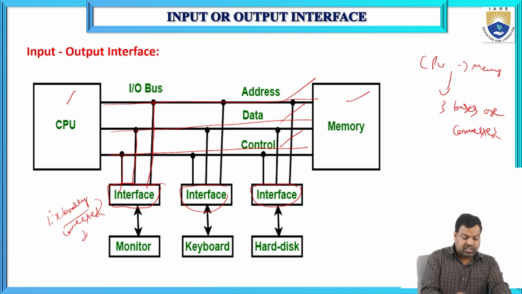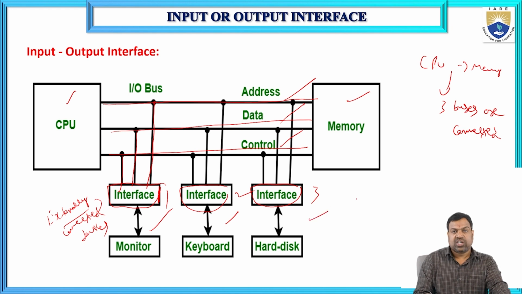So how many externally connected devices are there? Interface 1, interface 2 and interface 3. The first is the monitor, the second is a keyboard, and the third is a hard disk. The monitor is an output, the keyboard is an input, and the hard disk works as both input and output.